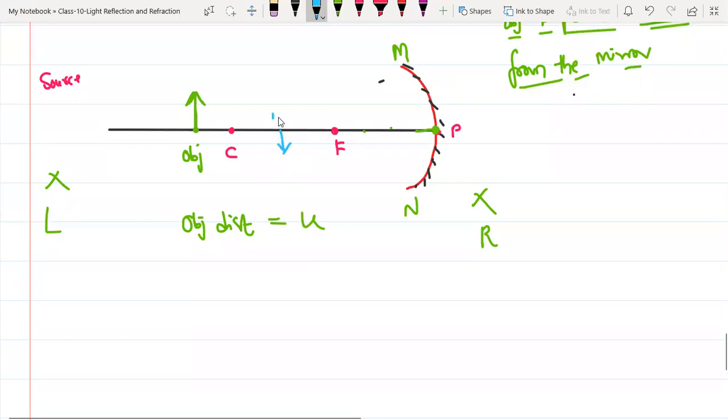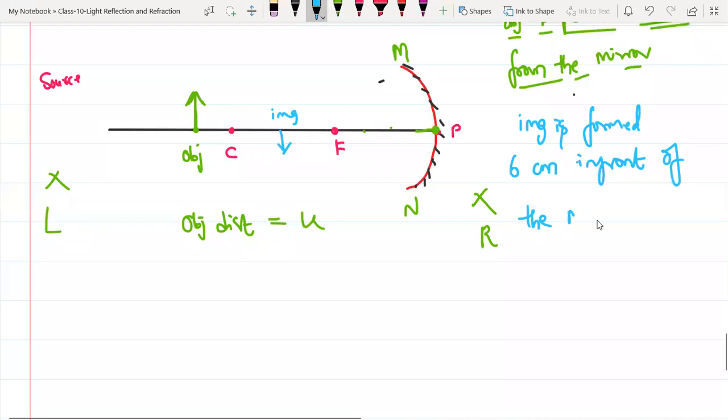Now this is the image, right? Now they will say the image is formed 6 centimeter in front of the mirror. Again, if you want to calculate this 6 centimeter, what reference point will you take?